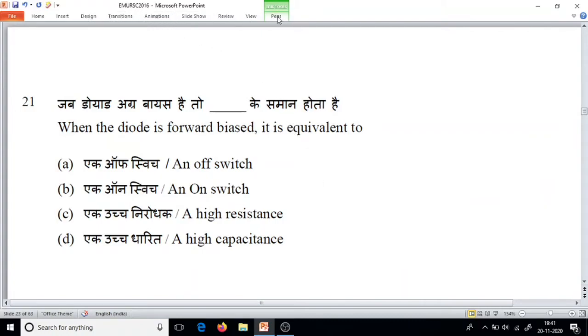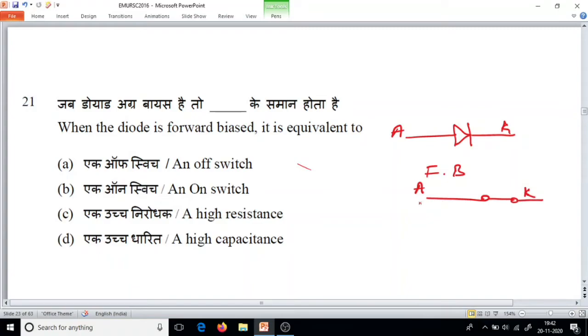When diode is forward biased, it is equivalent to, see, when we have a diode, assume that's an ideal diode. When it is forward biased, it acts like a short, anode and cathode.